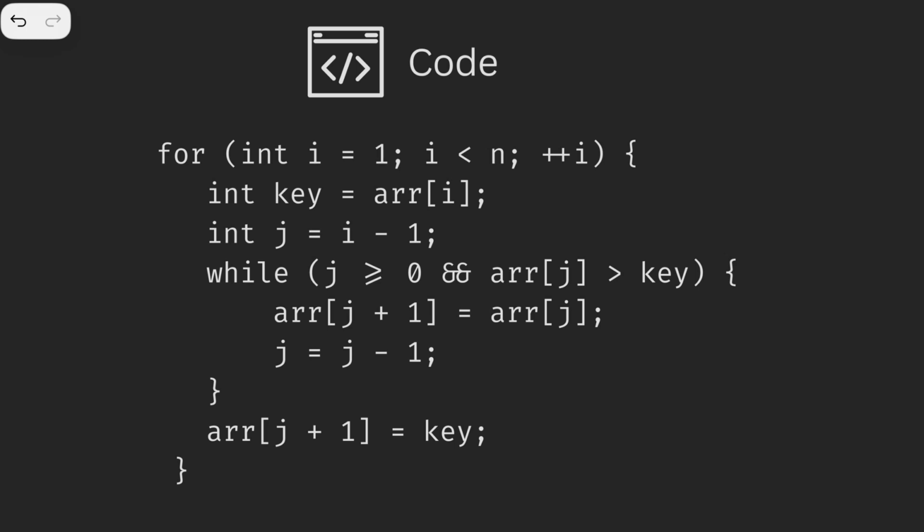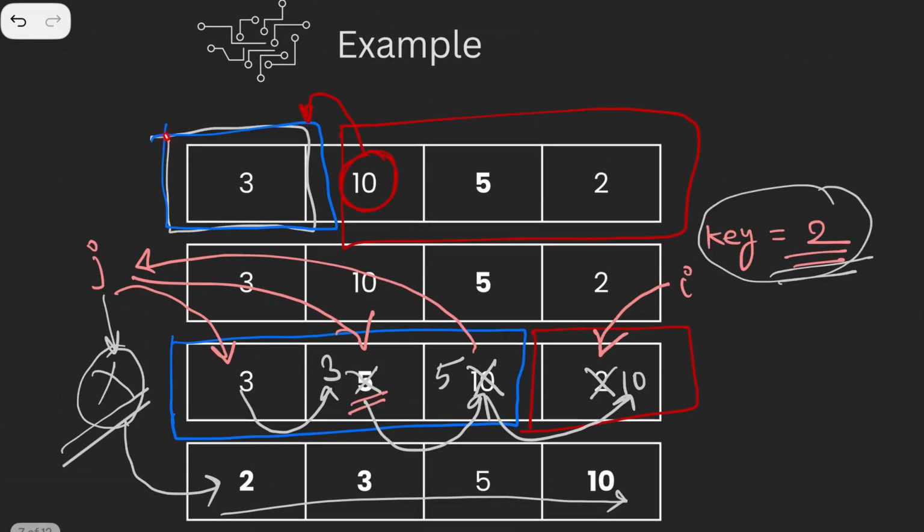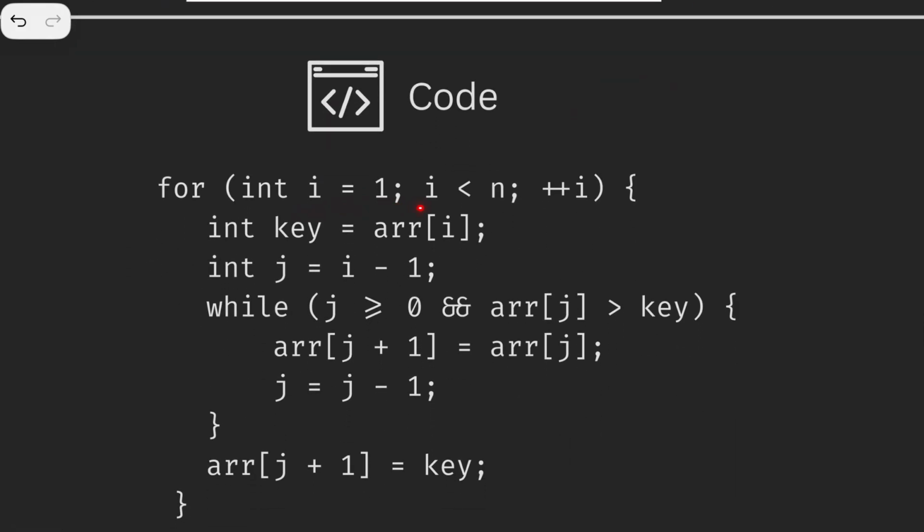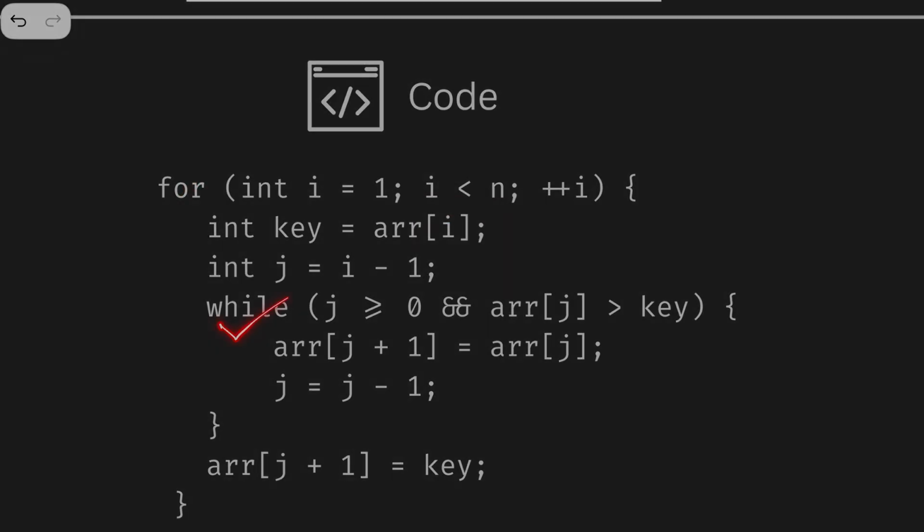Remember, i is the first element of the unsorted array. As we said, we start from the base case, assuming that one element will always be sorted. So i will start from 1, it will go to 2, then it will go to 3, something like that. So i starts from 1 and it will go to n minus 1. Now you understand the outer loop and you also understand the inner loop.